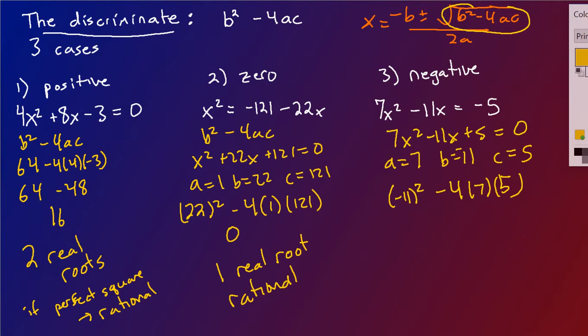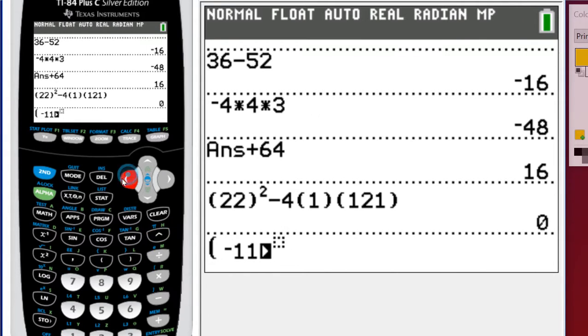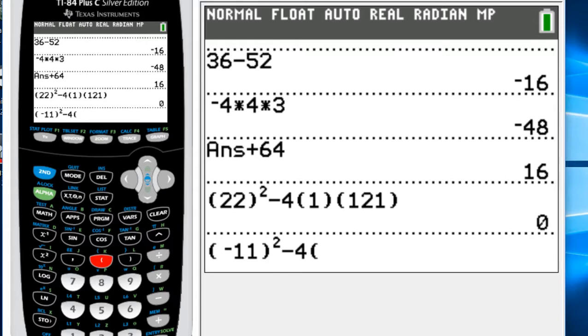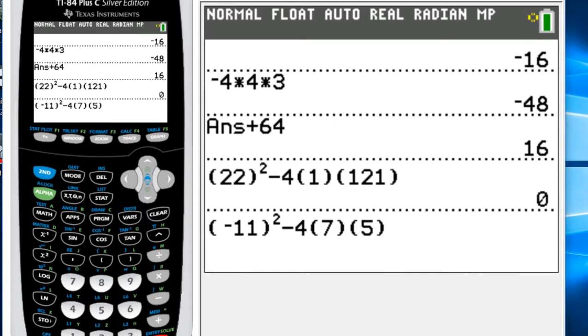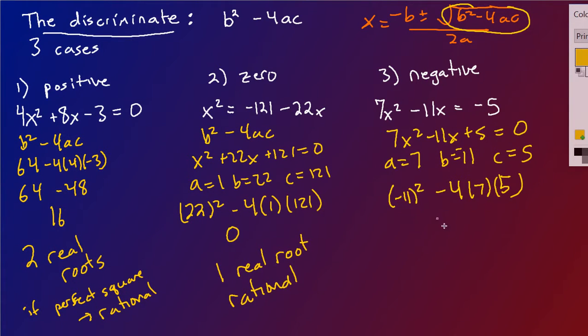So negative 11 squared minus 4 times, let's see, 7 and 5. And we get negative 19. So negative 19. And that means I have two complex roots.